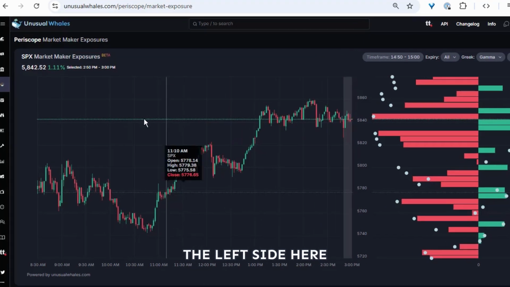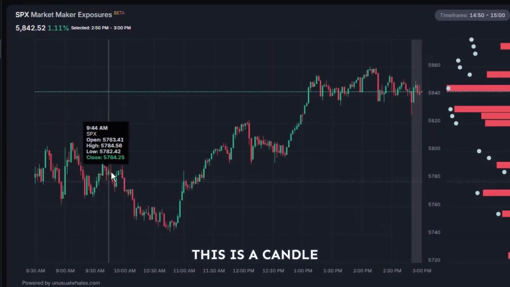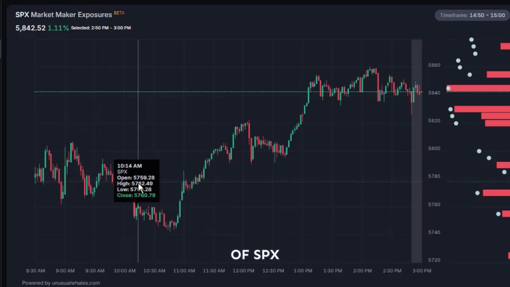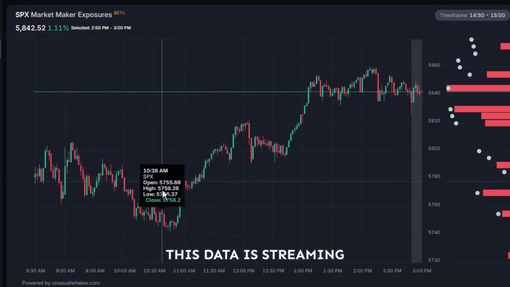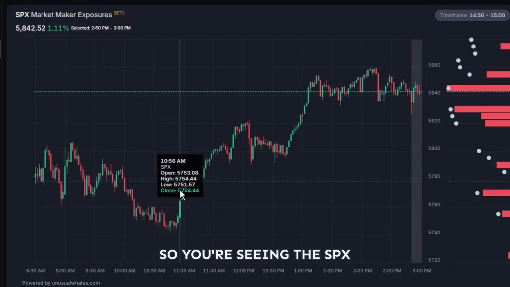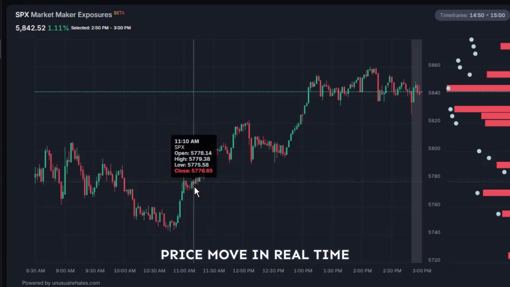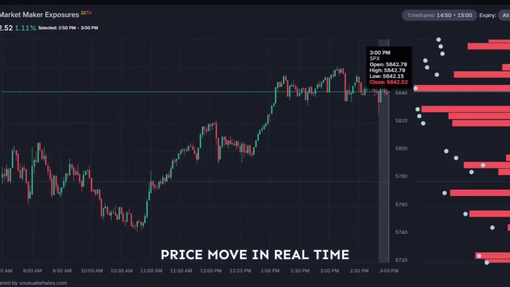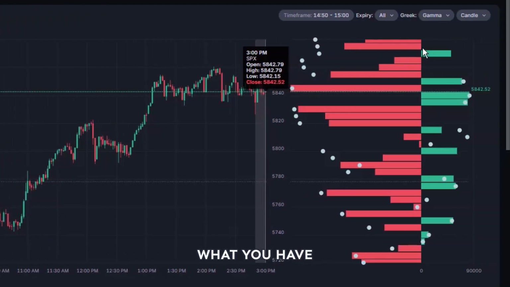So you can see on the left side here, this is a candle price chart of SPX. This data is streaming live during the day, so you're seeing the SPX price move in real time. And over here on the right, what you have are Greek exposure bars.